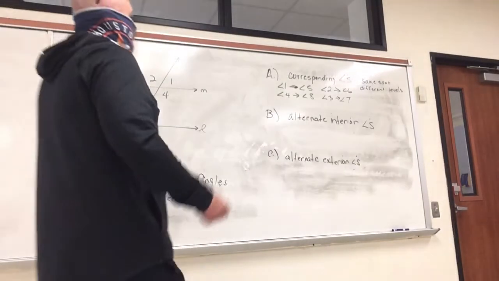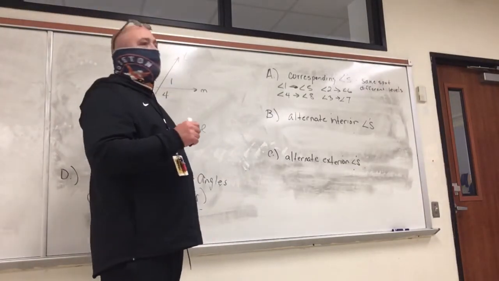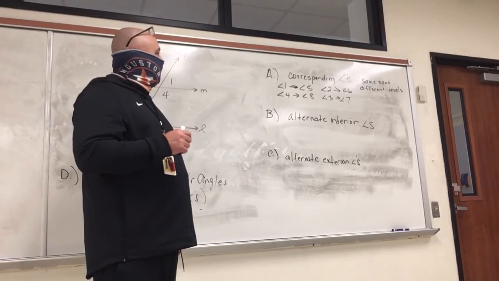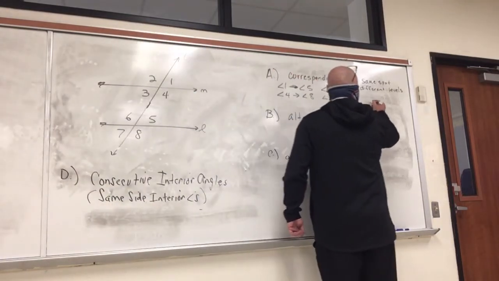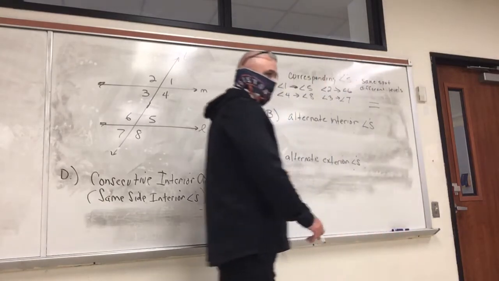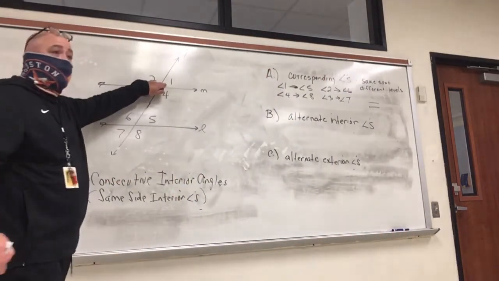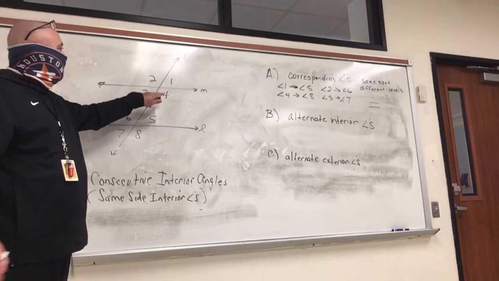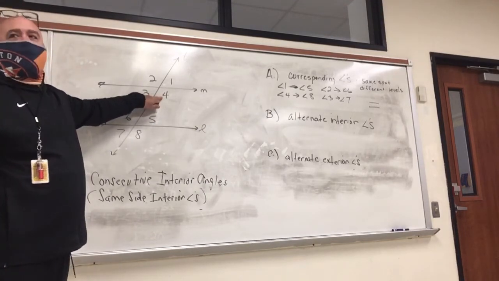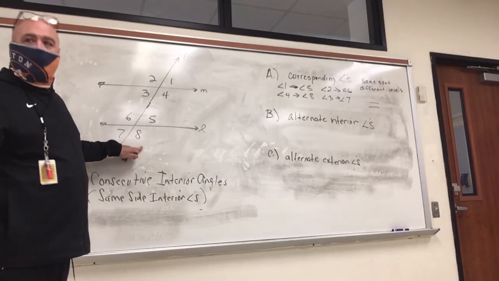Alright, what you need to know about corresponding angles, put your phones up. What you need to know is that they are equal to each other. So if angle 1 equals 60, what's angle 5 equal? 60. If angle 4 equals 120, what's angle 8 equal? 120.